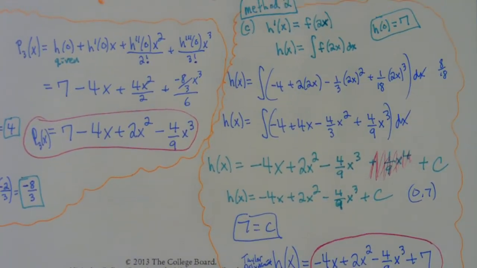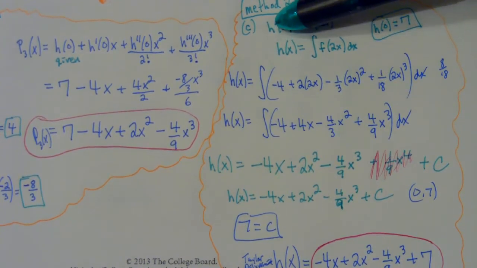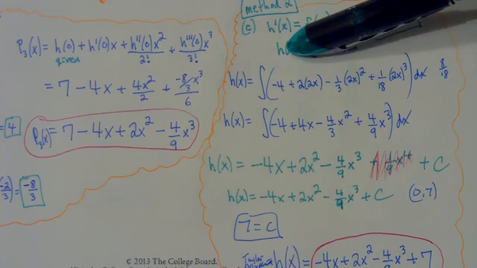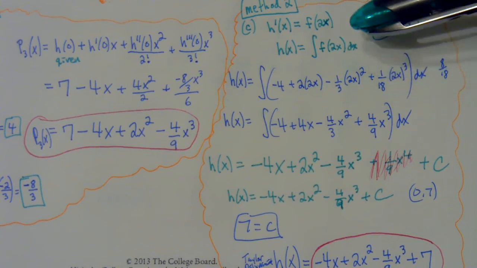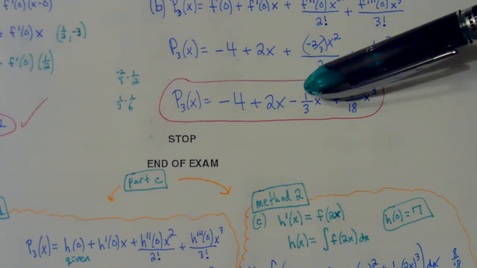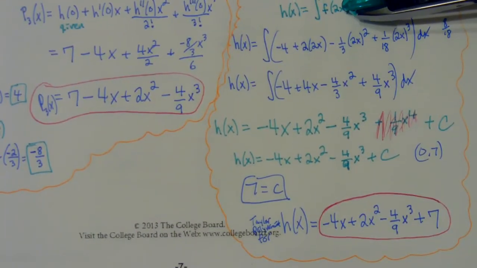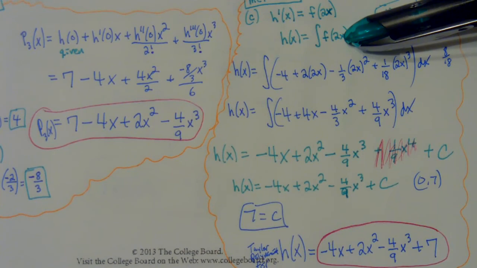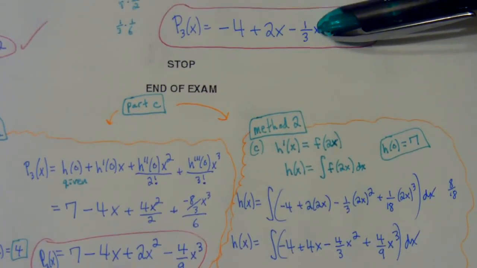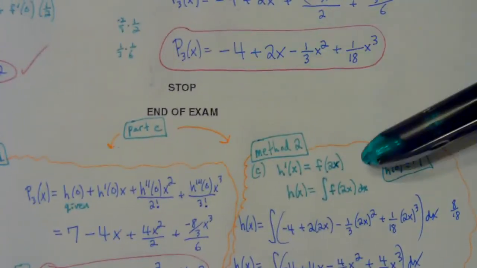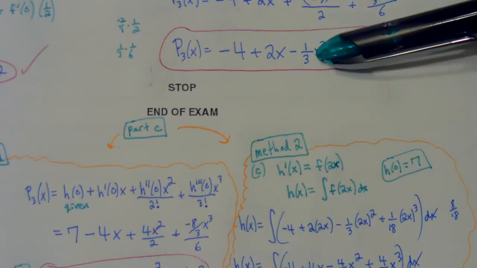So what I'm doing for the second part, if they gave me h prime, that means h would be the integral of that. And so up here what we have is a Taylor polynomial representing f of x. And what I needed was a Taylor polynomial representing f of 2x, because then I could just integrate that. So if this is for f of x up here, all I did was go up here and replace the x's with the 2x.